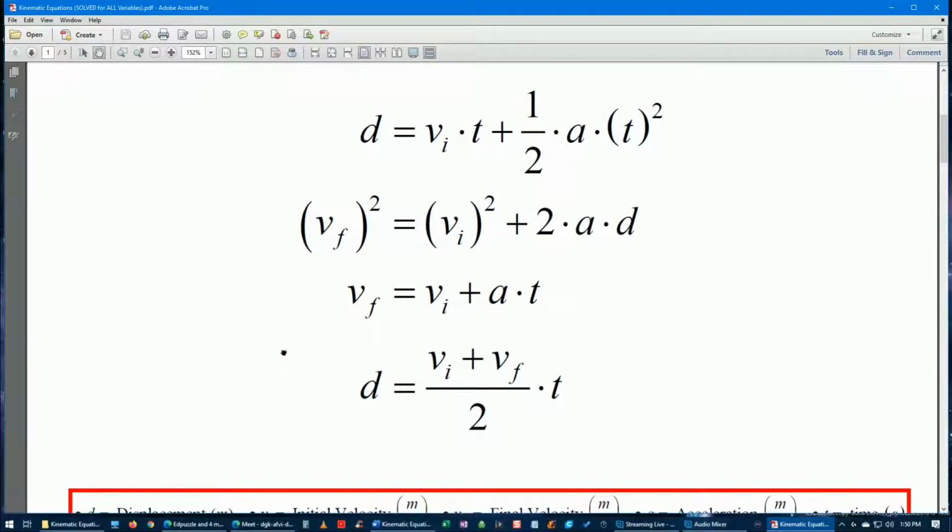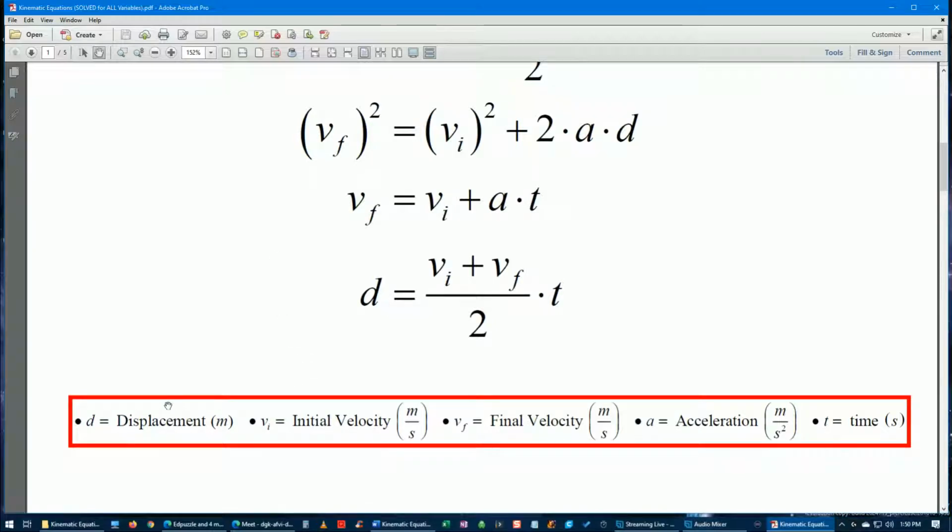Let me scroll down just a tad. So it's either going to represent my displacement, which has units of meters. It's going to be my initial velocity, which has units of meters per second. My final velocity, which is meters per second. My acceleration, which is meters per second squared. Or my time, which is units of seconds.